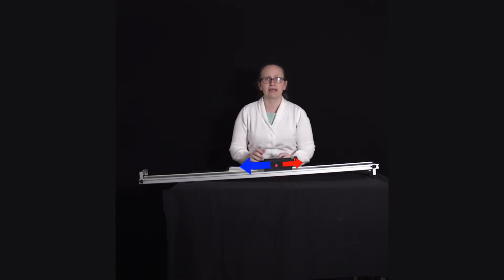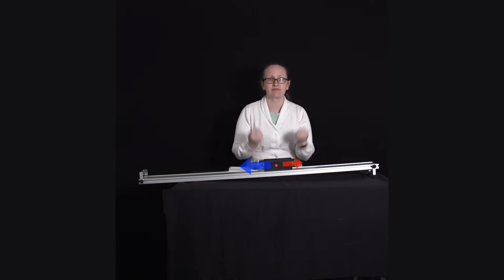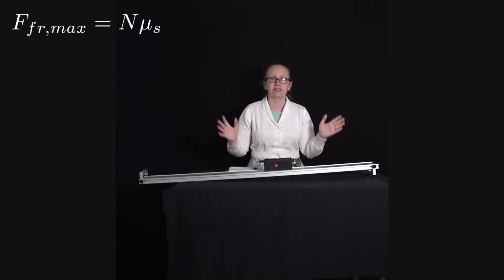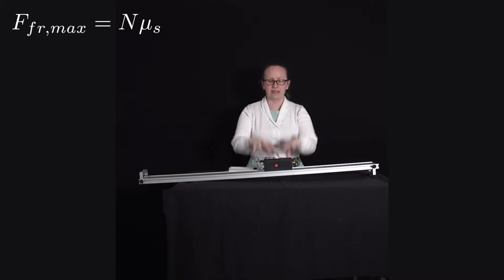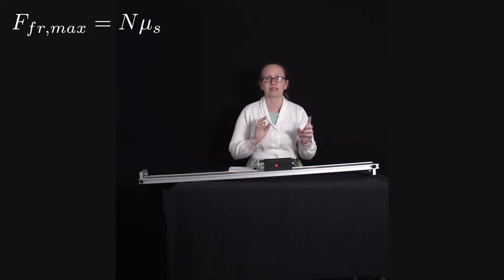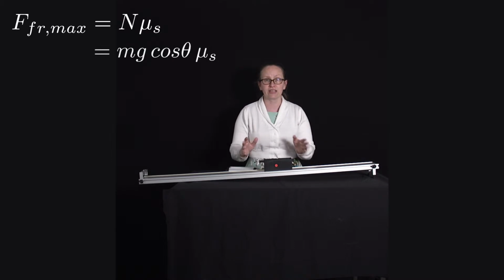So for it to start moving, the weight component down the plane must be bigger than the maximum possible static friction force. So we've seen that the maximum possible static friction force is given by μs times N, where N is the normal reaction force. And in this case, we've said the normal reaction force is given by mg cos theta.